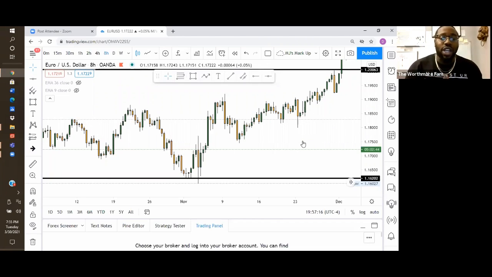Here's what you're looking for. First thing is you're looking for a revelation candle that lets you know that the end of the trend is either near or it's here. You're looking for a revelation candle. The second thing you're looking for, in my opinion, is a confirmation candle, right? You're looking for a candle that confirms your thinking, right?